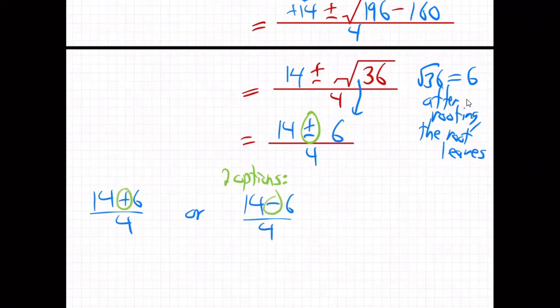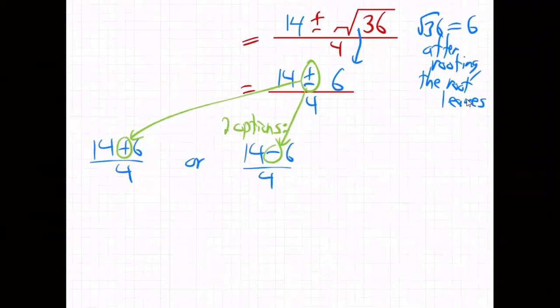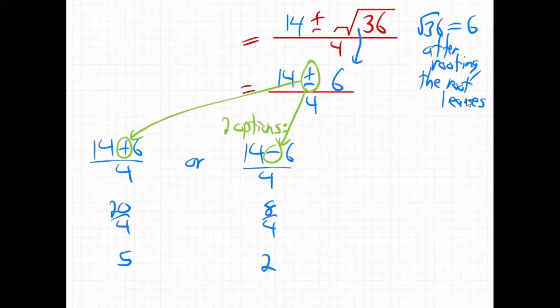Everybody see those two options? Plus, minus. You do the two different options. And then just finish that up. What is that? 20 over 4, 5. And this one is 8 over 4, 2. There's our two answers, 5 and 2.